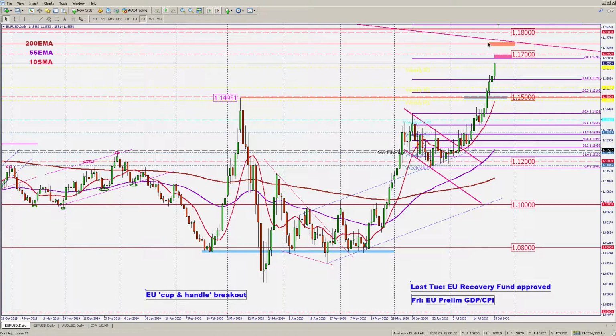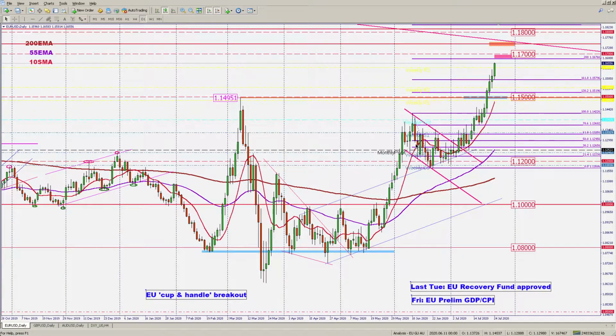It's trying to target this region here if it's able to break through the 117, so the 117.50 area, and above that the 118. You can also see a vague resemblance of a cup and handle breakout here.